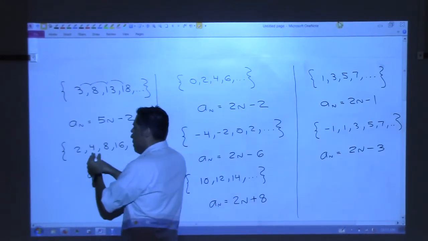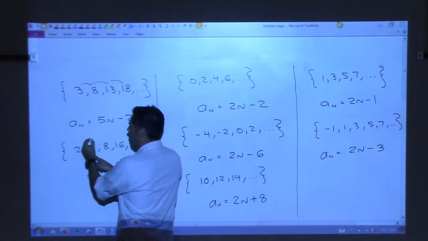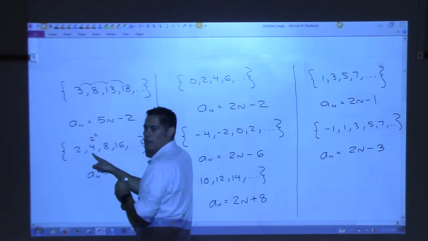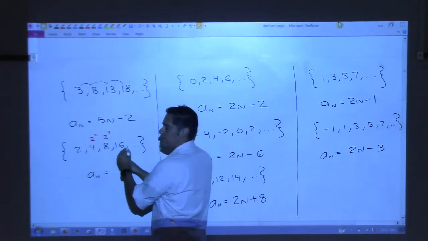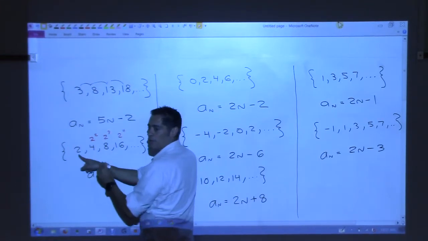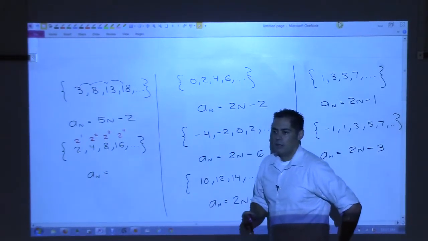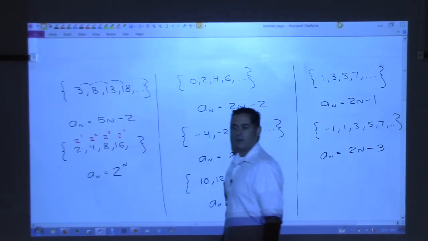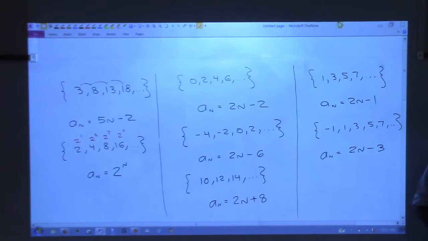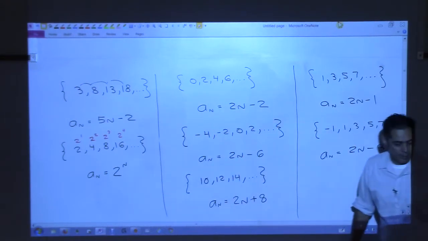You said this one is 2 times 2? So can I write that as 2 squared? And this one is 2 to the third, and this one is 2 to the fourth, and that first one was 2 to the first, right? So 2 to the n. 2 raised to the n. There's a difference between 2 times n and 2 raised to the n, right? Good.